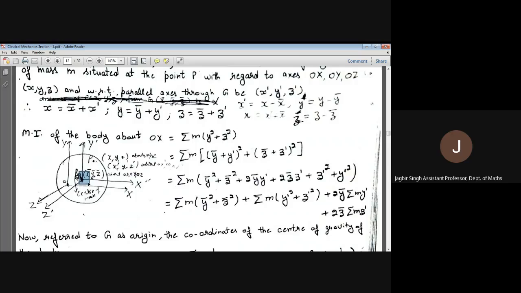Now we have to find the moment of inertia about some other axes, say OX, OY, OZ. These are not necessarily inside the body; the center O might be outside the body.